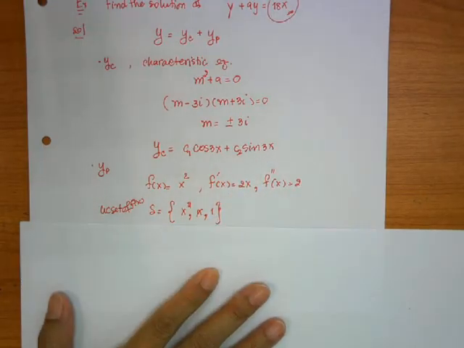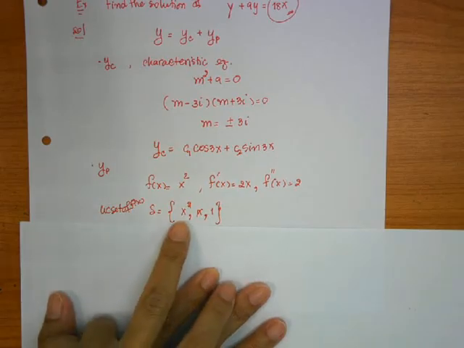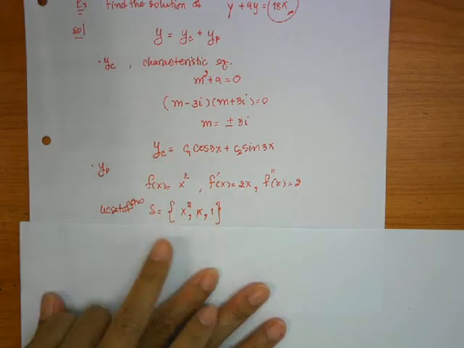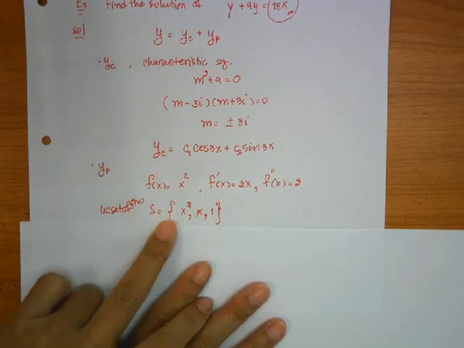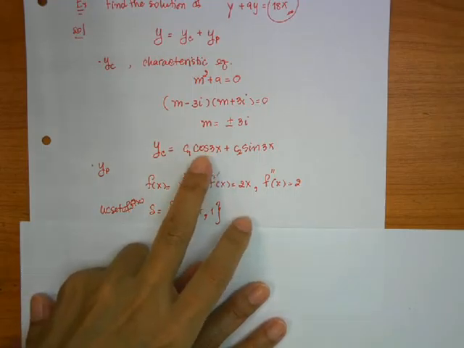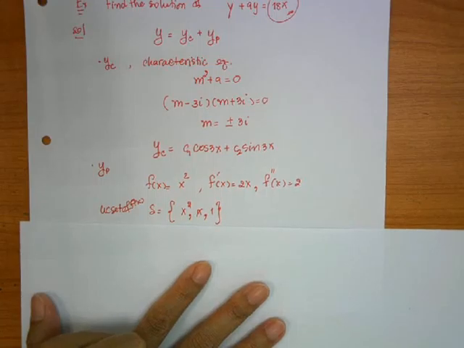What are the functions inside your UC set of function f? x squared, x and 1. So from this you find out that the functions inside your UC set are not repeated in yc, right? They are different functions.